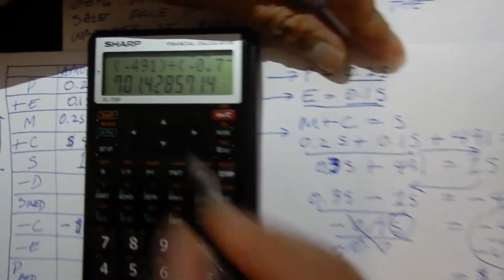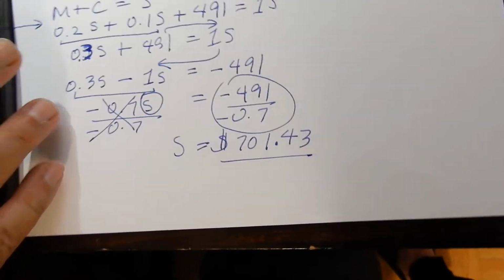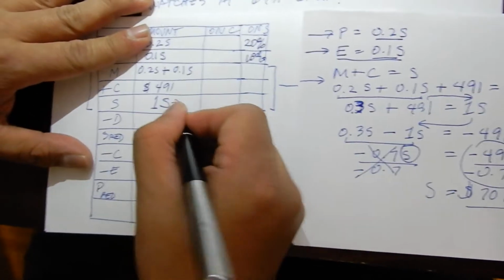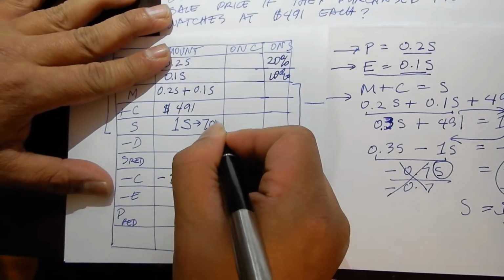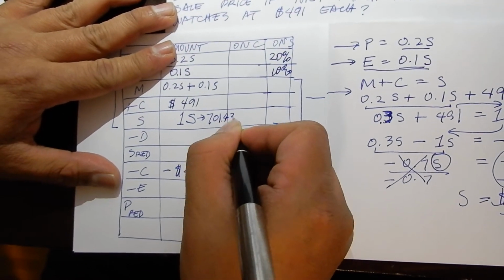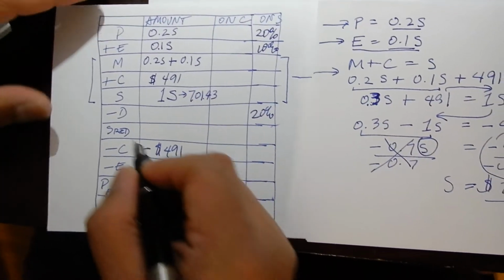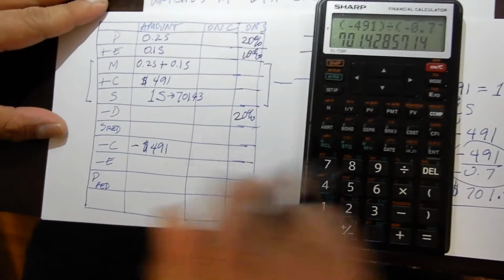I'm rounding off to the nearest second decimal place. That is the selling price, 701.43. Okay, go back to the table. I can fill the S box now with a dollar value, 701.43.